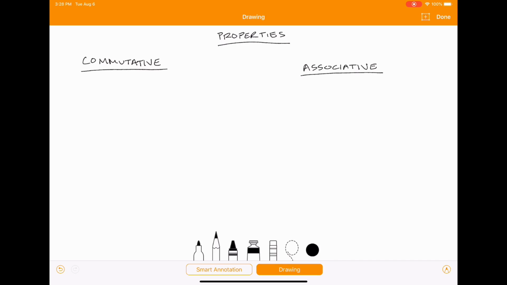The commutative and the associative properties both apply to addition and multiplication.